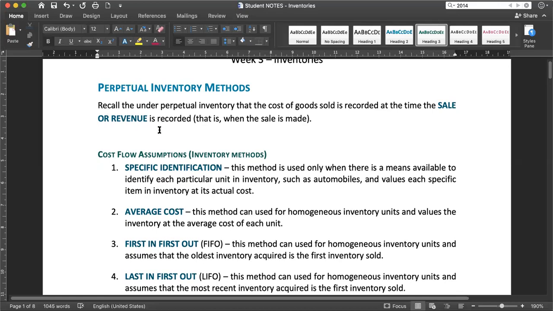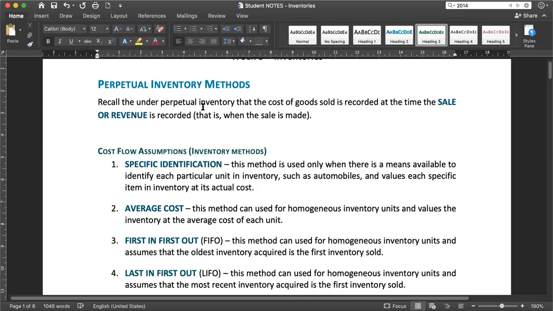Then there's the periodic inventory method, which waits until the end of the period, counts what's on hand, and assumes that the difference between beginning inventory plus purchases minus what's on hand is going to give us the cost of goods sold.